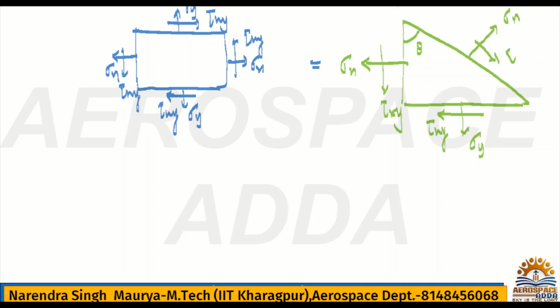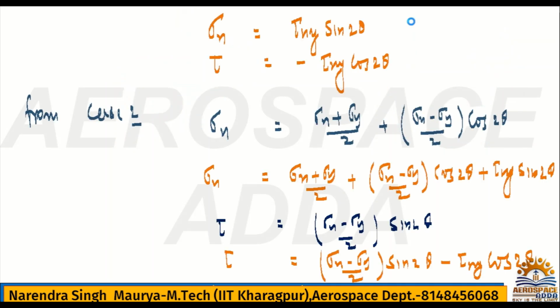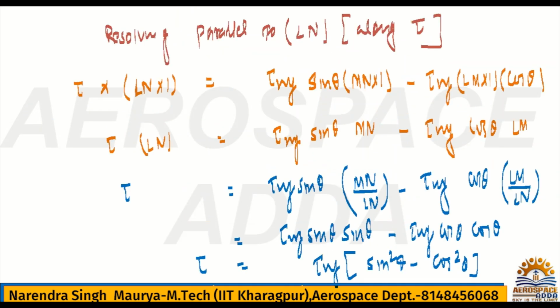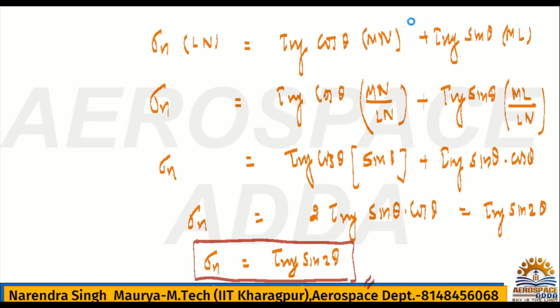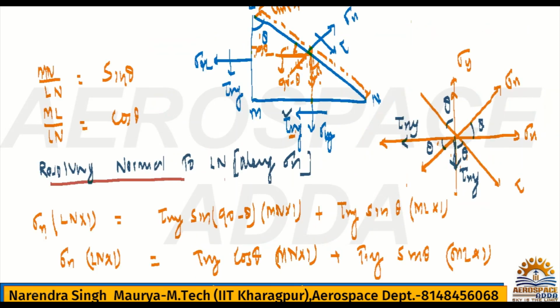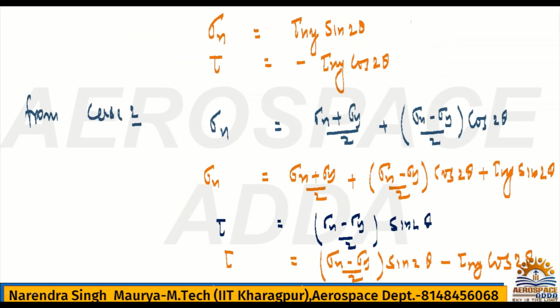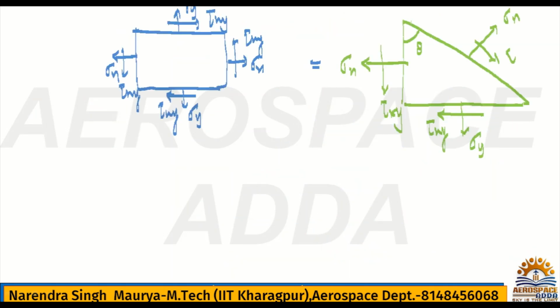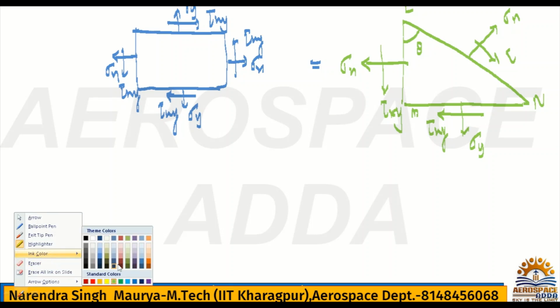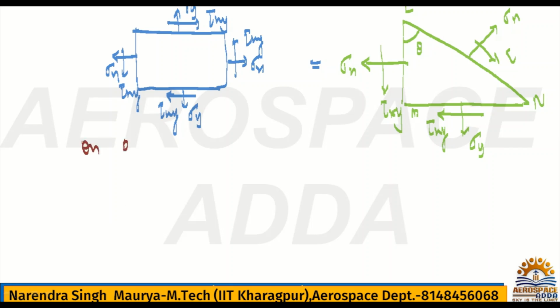On the oblique plane the direction cosines are l, m and n. So I'm just summarizing the things.